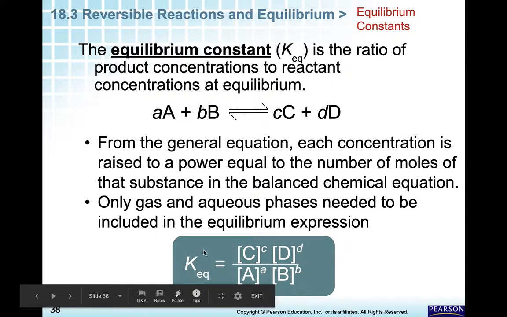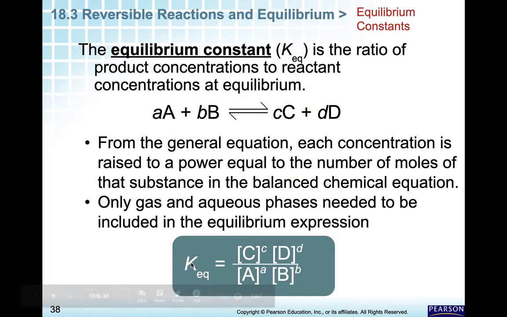Well, for this number to be much bigger than 1, this top number must be much bigger than the bottom number. And this top number is where our products are. So if this number is bigger than 1, it indicates that more products form than reactants. If this number is bigger than 1, then our equation forms a lot of product.